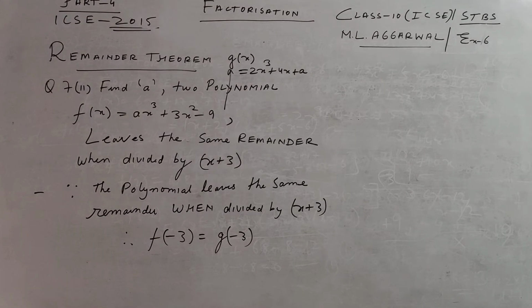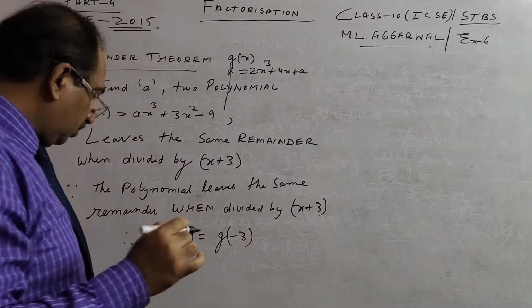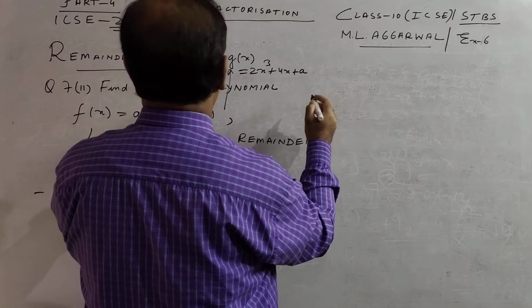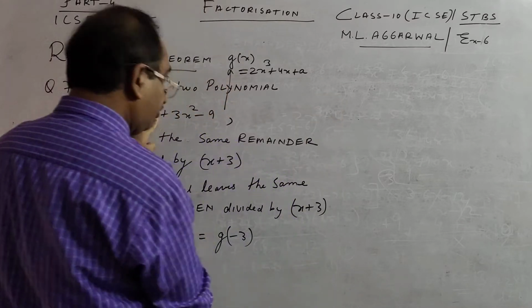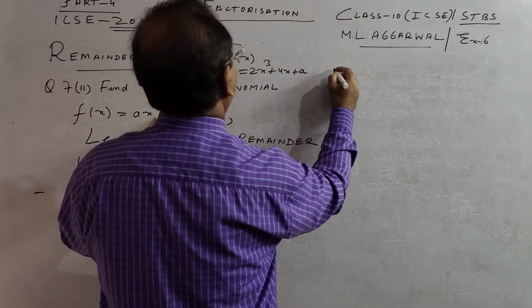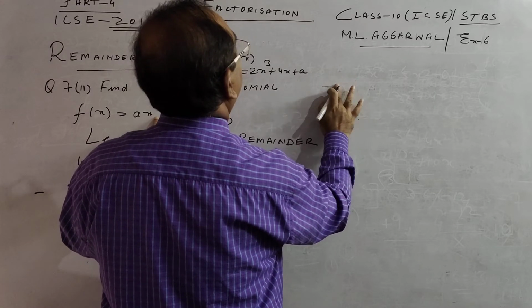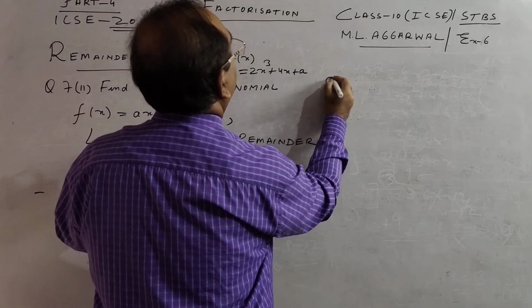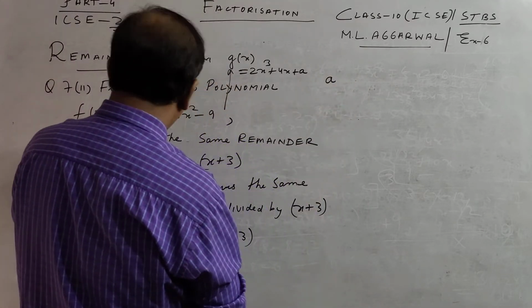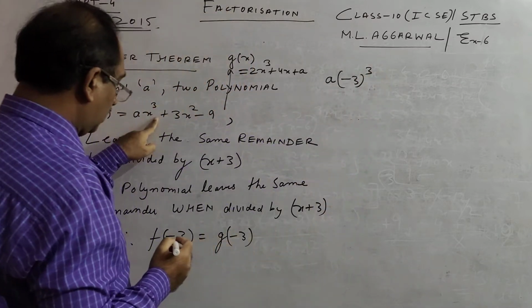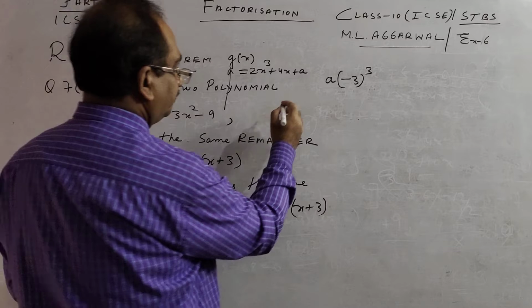So children, we are going to substitute in the first equation, f(-3). So I'm writing the full equation here. See here, f(-3): ax cube, so in place of x we will write minus 3.